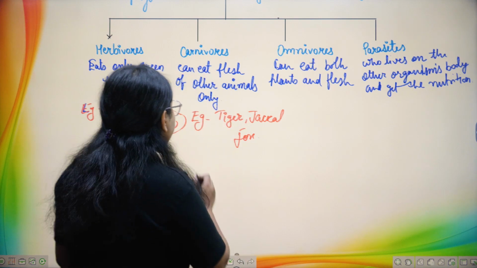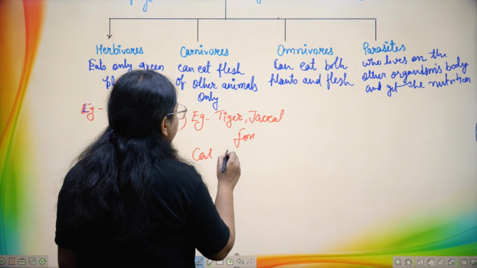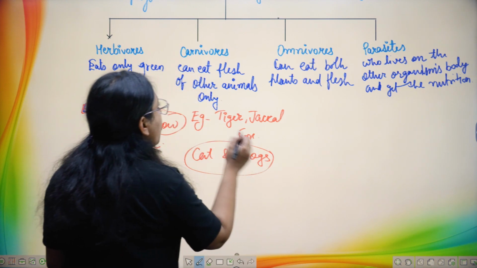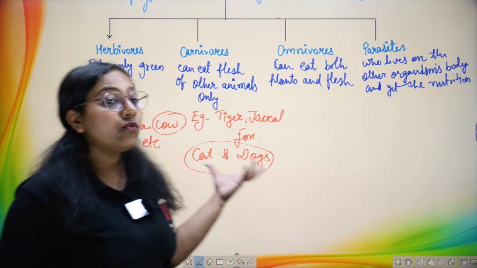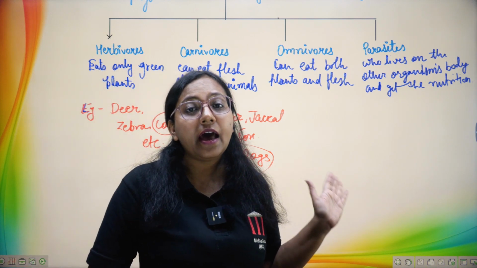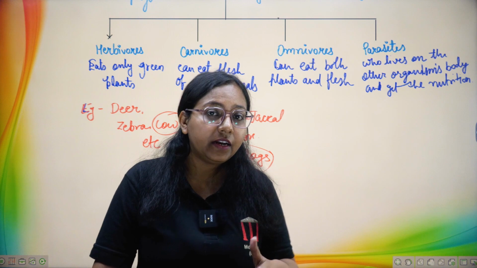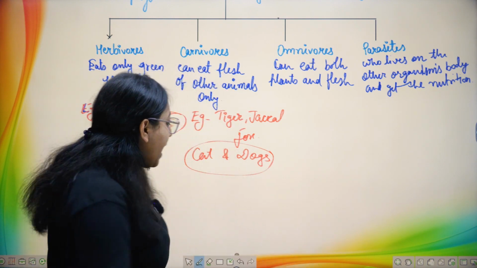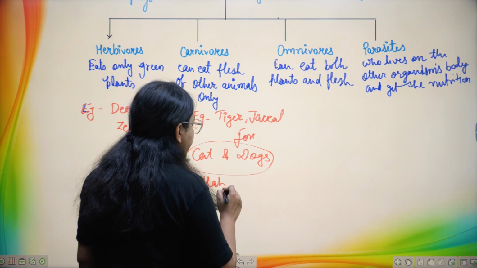And surprisingly, cats and dogs are also carnivores. They are carnivorous animals, but nowadays we keep them as domestic animals, as pets.